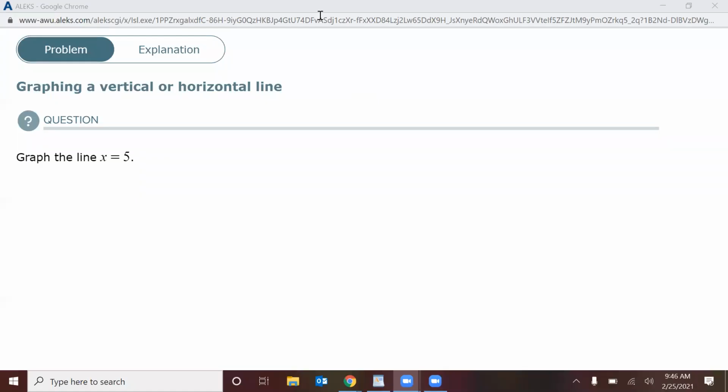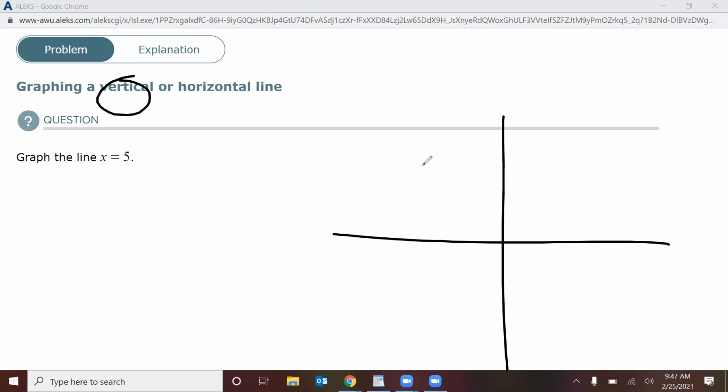This time the equation only has x, no y. So just as an equation with y only is always horizontal, it turns out that an equation with only x is vertical. And so we would go to x equals 5 and then draw a vertical line.